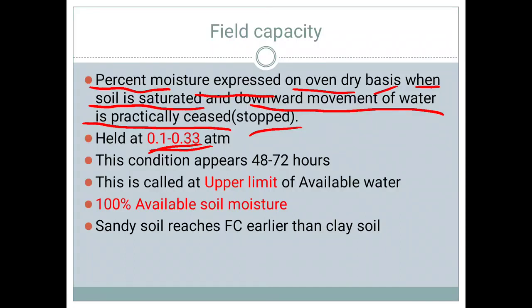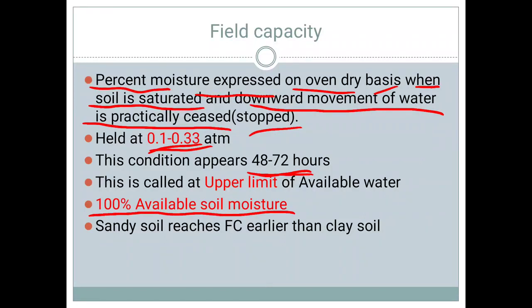This condition appears after 48 to 72 hours. So 2 to 3 days, I already mentioned. 2 to 3 days we can observe this condition in the soil, and that time we can say that 100% water is available to the plants. Why?